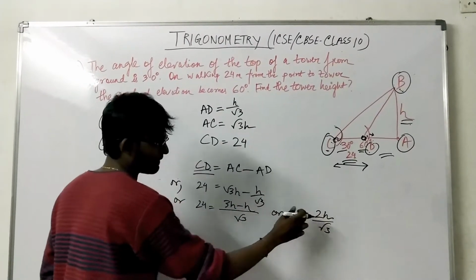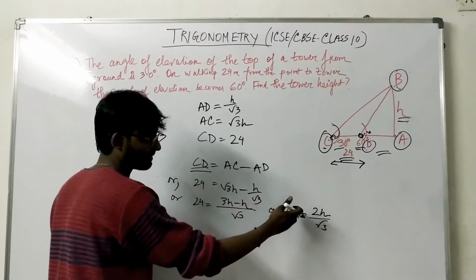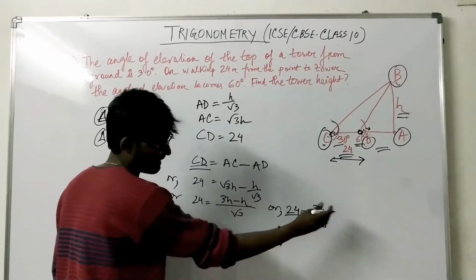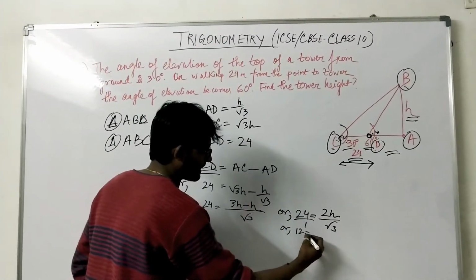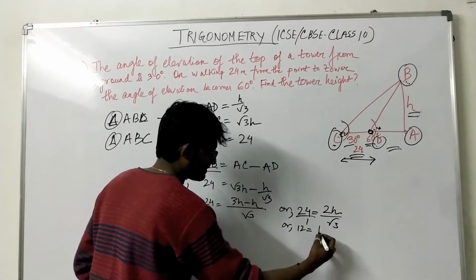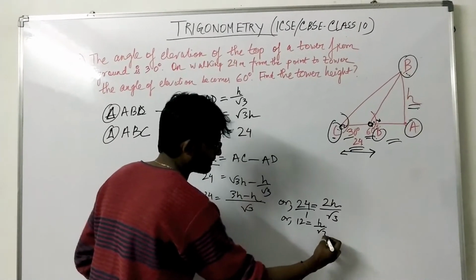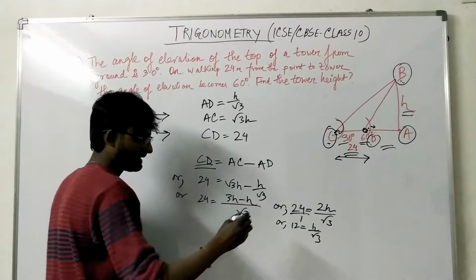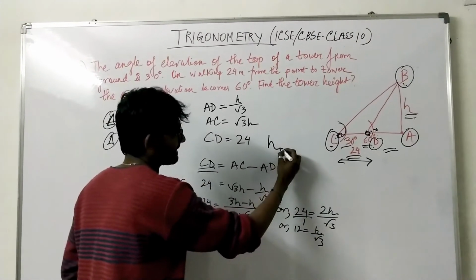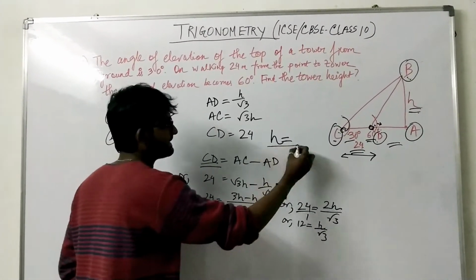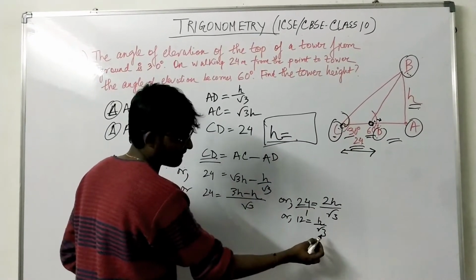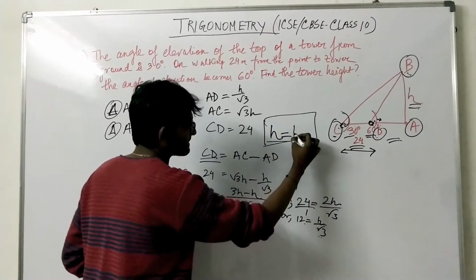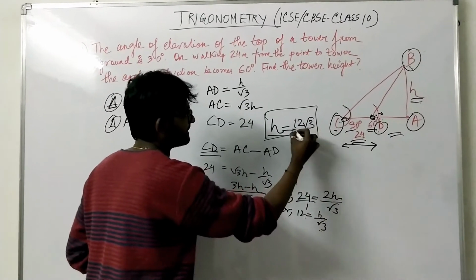So 2 and 24, you can cancel it, so it will come as 12 equals h by root 3. So h is coming 12 root 3.